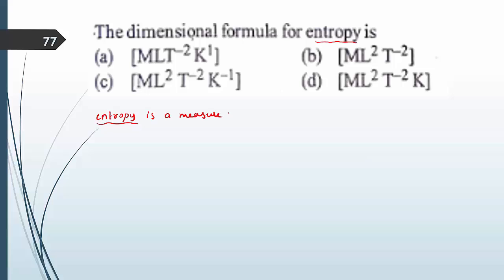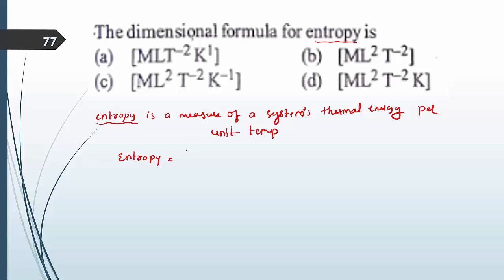This is entropy, right? So we can write entropy is equal to system's thermal energy, that is amount of heat energy Q divided by temperature, we can write T. This is not time, this is what? Temperature.